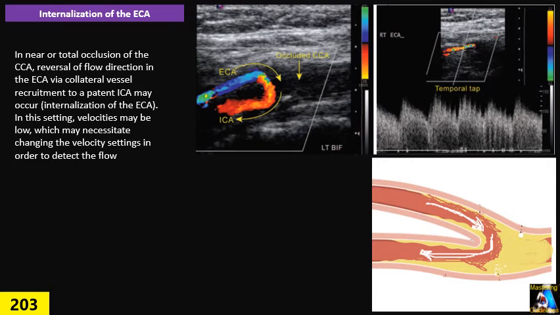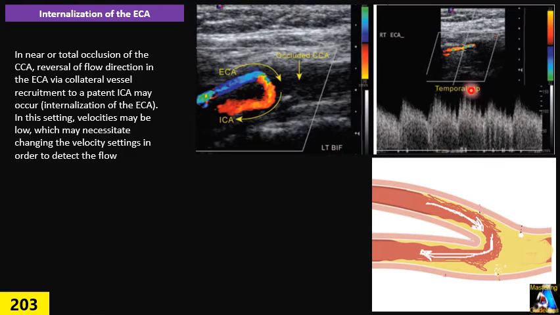In those patients who have near or total occlusion of the CCA, close to the ICA bulb or before that, the blood can go in reverse from the ECA through that area and go to the ICA. In this process, the spectral Doppler of the blood flow in the ECA becomes low resistance, and that is the reason we call it internalization of the ECA.